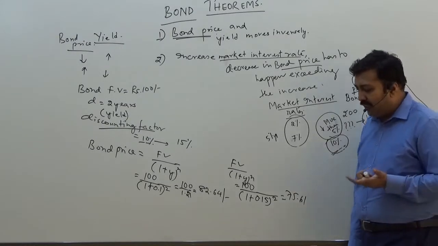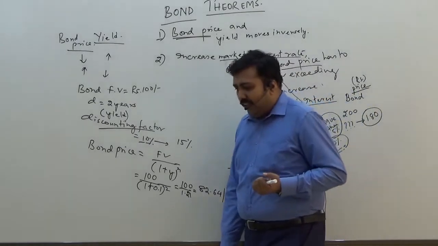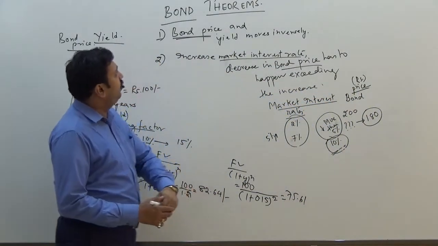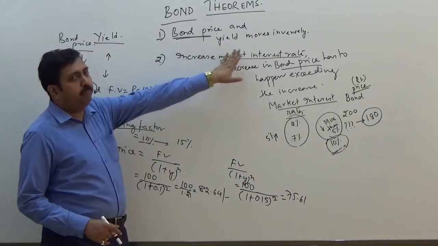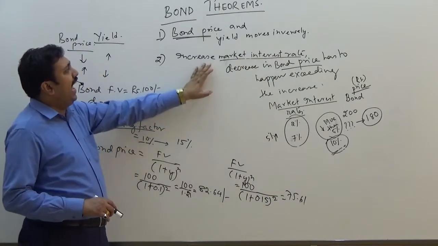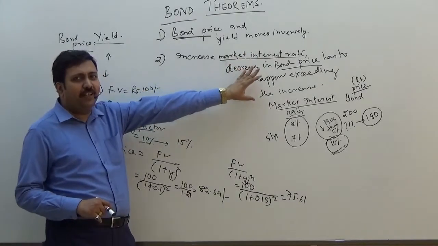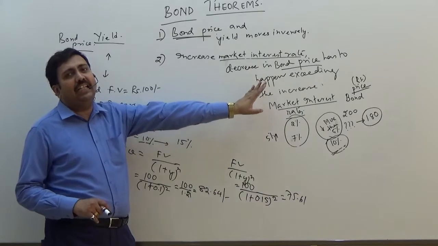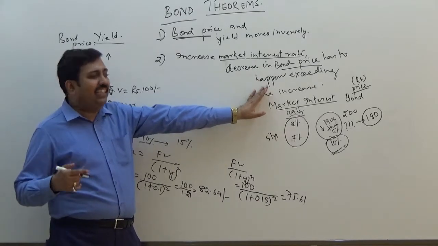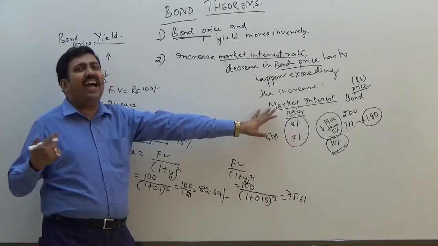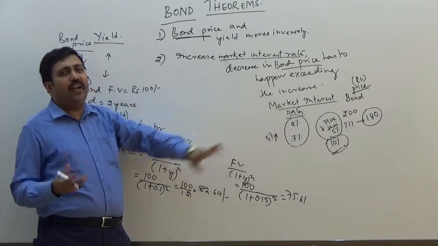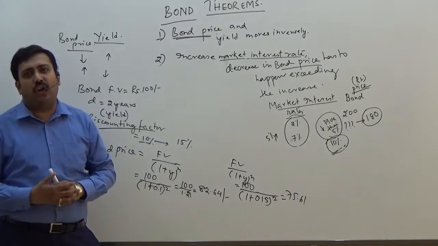I hope in this process the two concepts that we have, that is, the first one, the bond price and the yield move inversely, and an increase in the market interest rates reduces the bond value at a higher rate. I think both the theorems that we have discussed are clear to all of us.